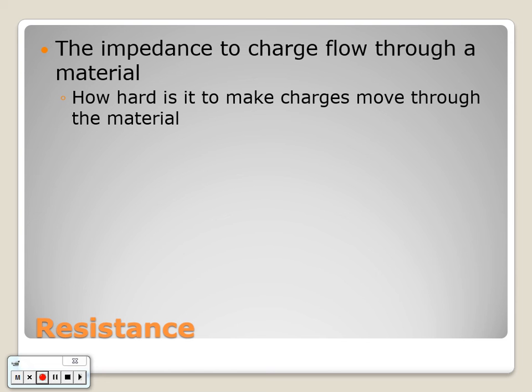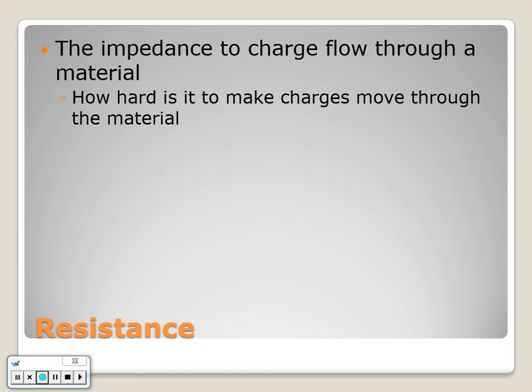Generally speaking, nonmetals are going to have high resistance. They hold on to their valence electrons, so it's hard for charges to flow through them. Generally speaking, metals have low resistance because they don't hold on to their valence electrons, and charges flow through those materials pretty easy, right?